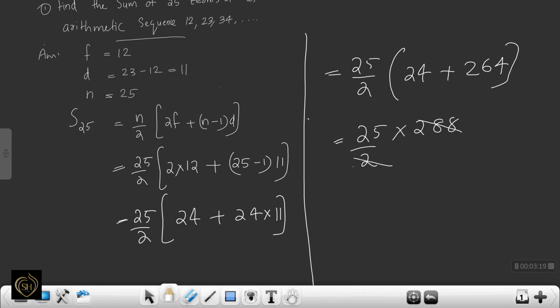We can cancel 2 and 288, which is 144. So 25 into 144 is equal to 3600. That is, the sum of 25 terms of this sequence is 3600. We find the sum using the formula n by 2 into 2f plus n minus 1 into d.